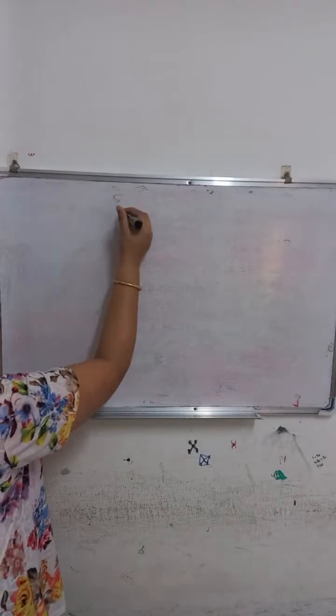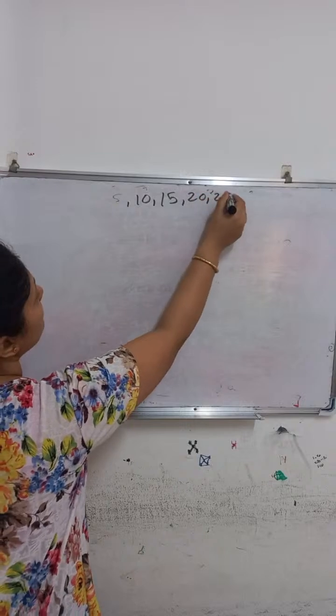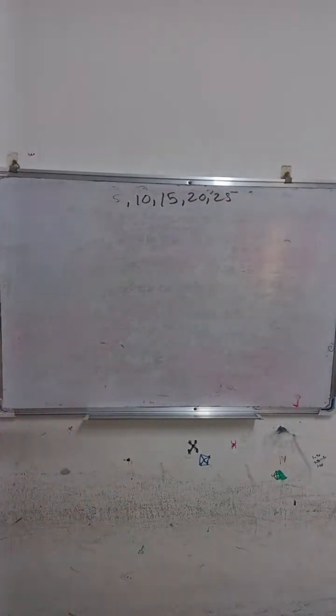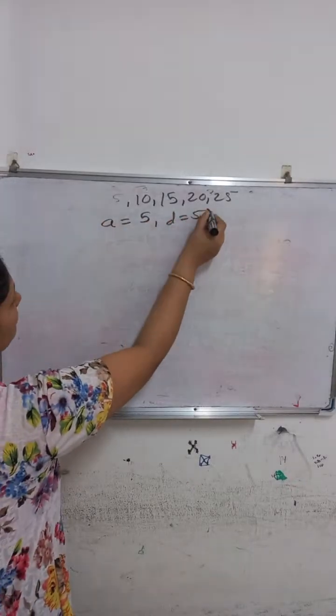Okay, and find out the answer. The first multiples of 5 are nothing but what? We know that 5, 10, 15, 20 and 25. These are the first 5 multiples. So from this we can write a is 5, d is nothing but 5.